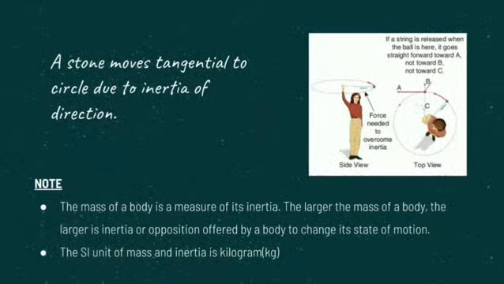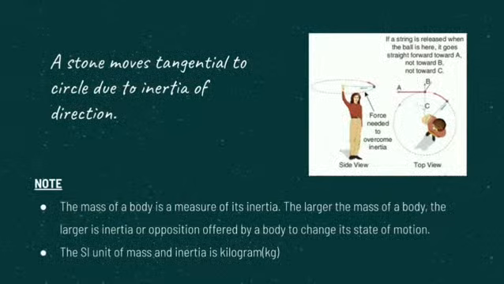Similarly, you have the third type of inertia, that is called the inertia of direction. As you can see from the picture, a ball tied to a string is turned in a circular fashion, and suddenly when you release the string, it moves tangential to the circle.